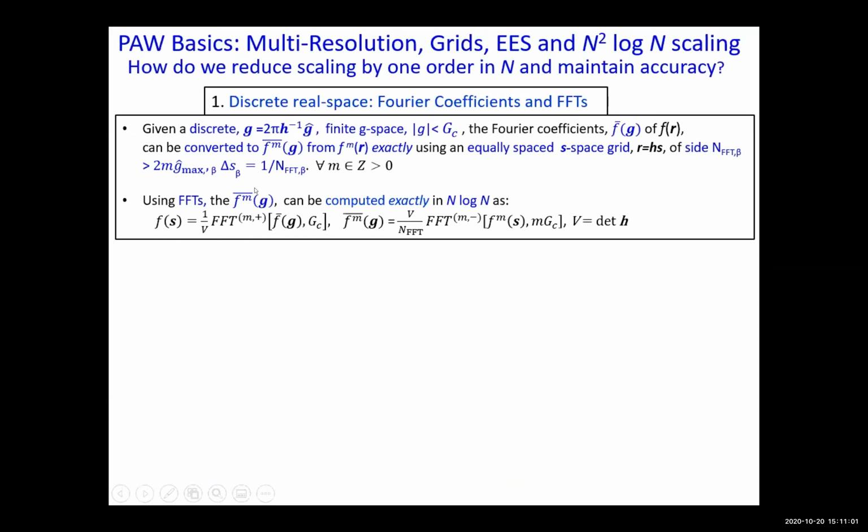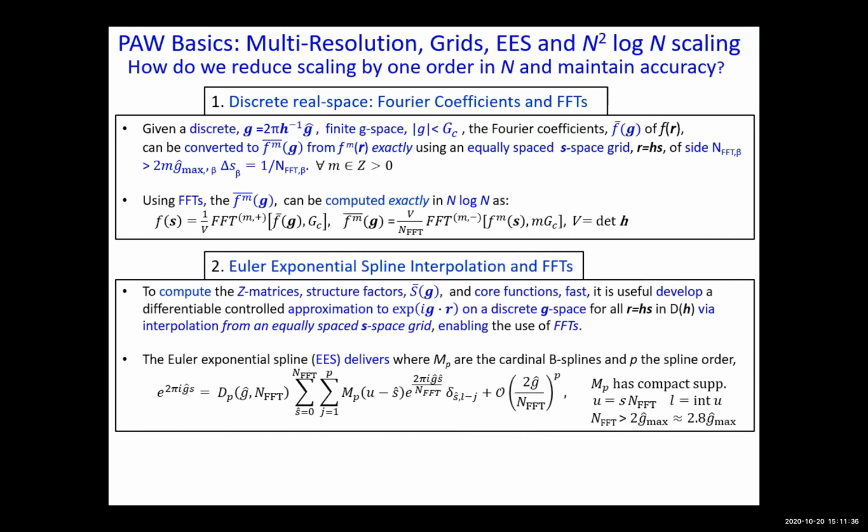And what that means is, if I want the Fourier coefficients of the second power of a function in real space, I can just take the number of points equally spaced, square the function, take the FFT, and that gives me the exact result. I can also go back and forth between real space and G space with FFTs exactly because my basis is finite. So that's called a discrete variable representation, and that's been known forever for plane waves.